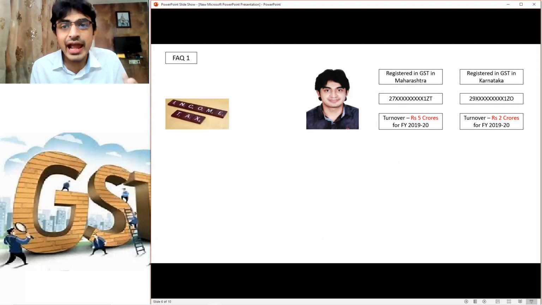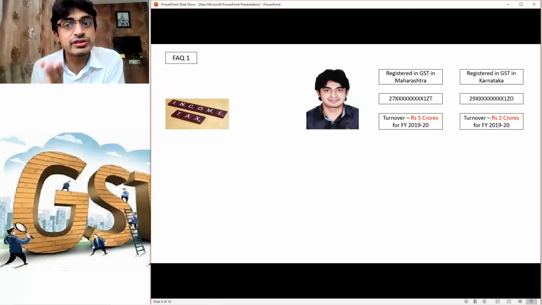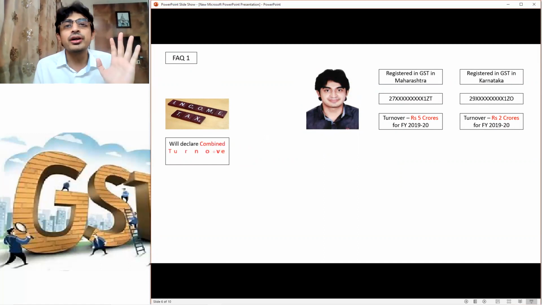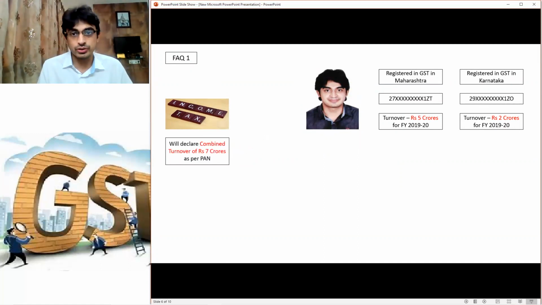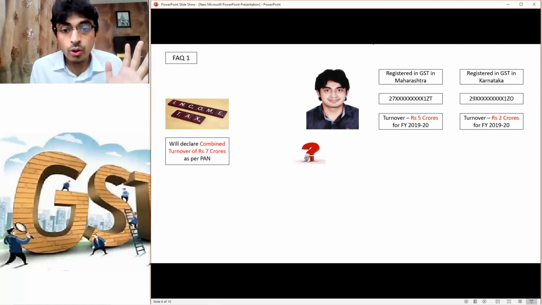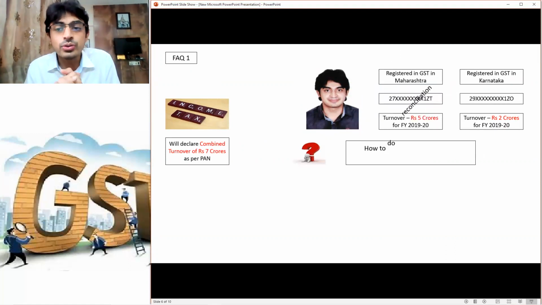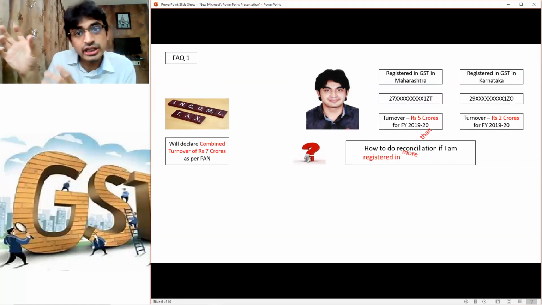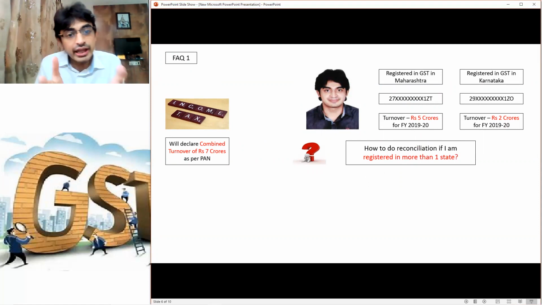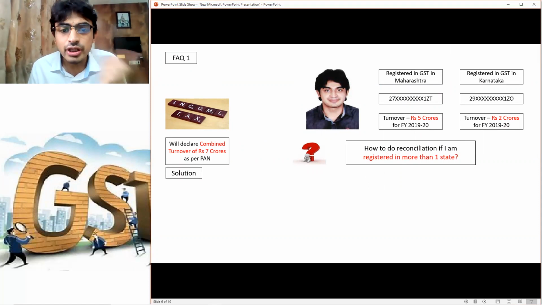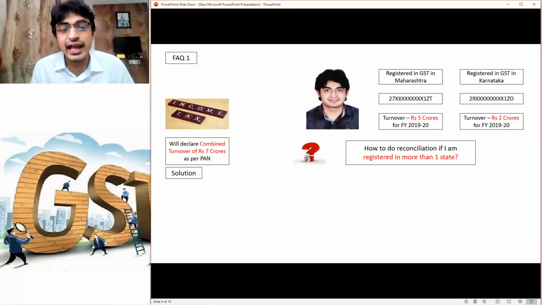But while filing income tax return, I will not show separately. I will declare just one figure, combined turnover of 7 crore, as per my PAN. Okay, now my query, the FAQ: how to do the reconciliation? In GST, there is state-wise turnover. In income tax, the total turnover is coming. How will you do reconciliation? See the answer.